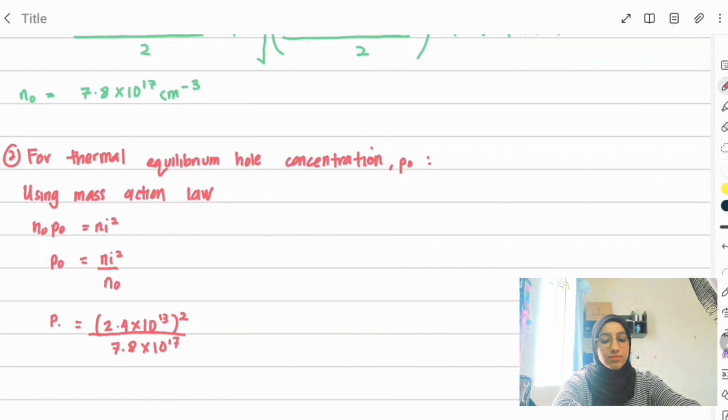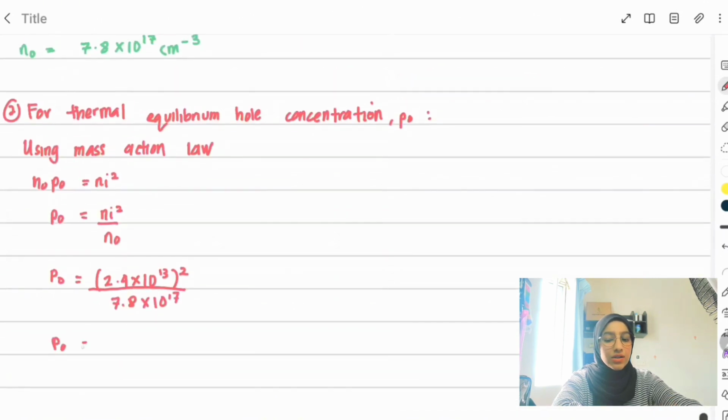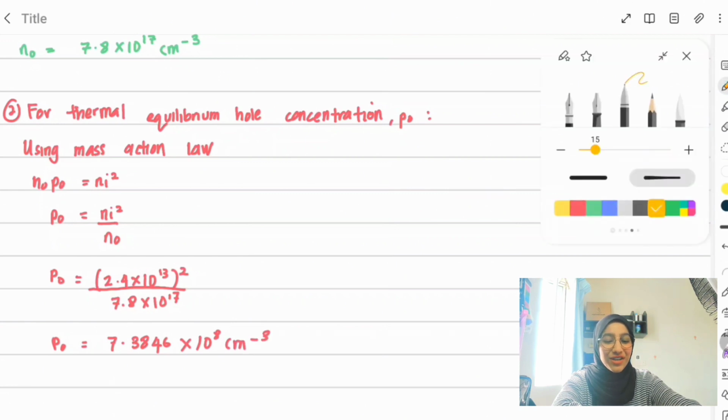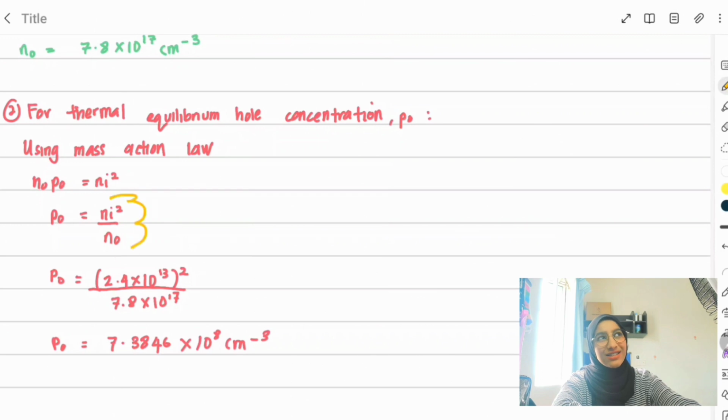So the answer for hole concentration would be 7.3846 times 10 power of 8 cm negative 3.